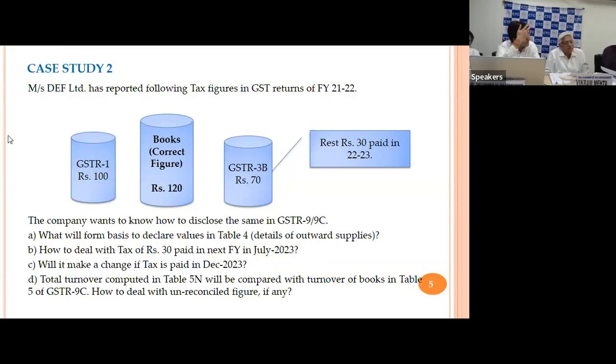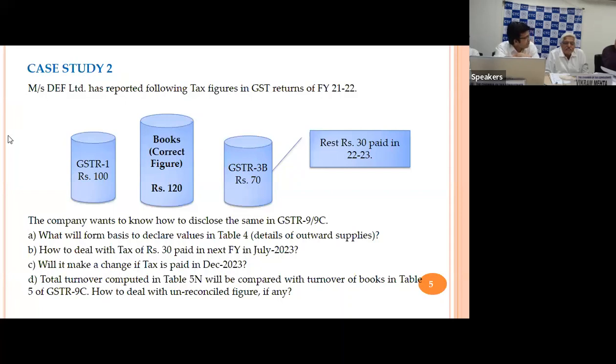No, sir. In table 4, you will show 100 rupees because that is your liability, out of which you have paid 30 rupees in 22-23, and the balance you have to pay now. See, you have shown 60 rupees over here: 60, of this, 30 of DRC03 and 30 in 2023, table 10-11, 120.